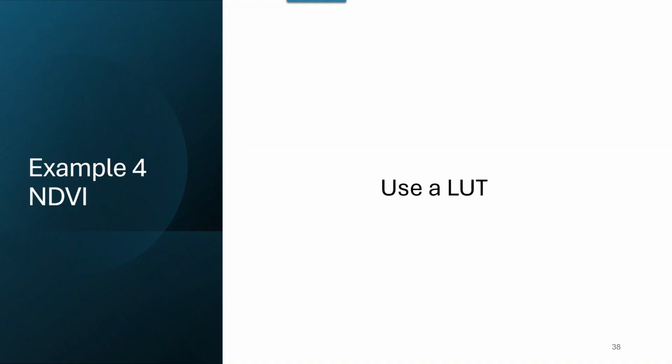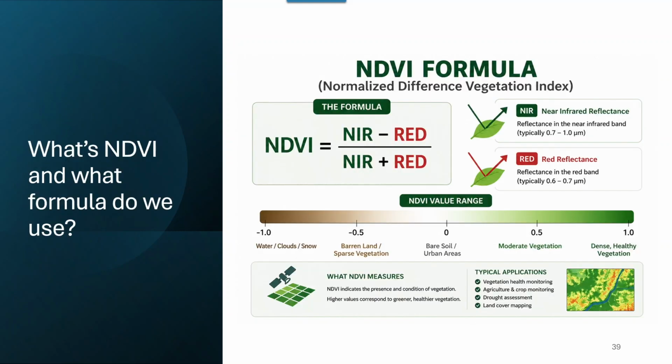We're going to now look at the last example, and in this example, we're going to use a LET. And in this particular case, we are going to look at NDVI, and that stands for Normalized Difference Vegetation Index.